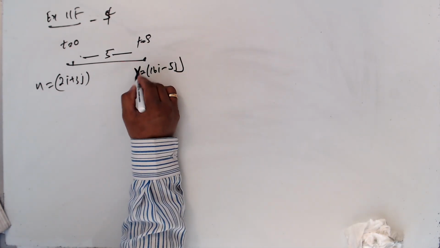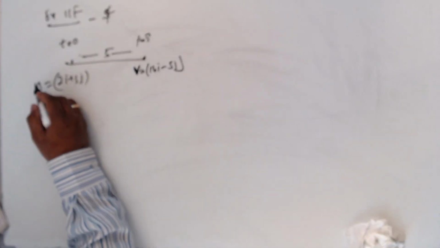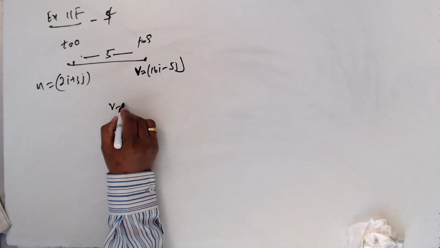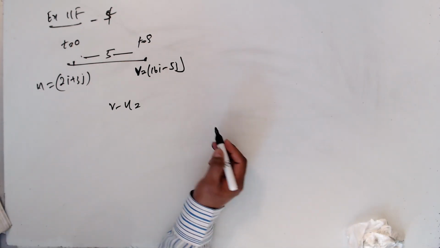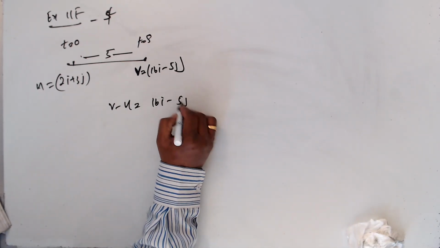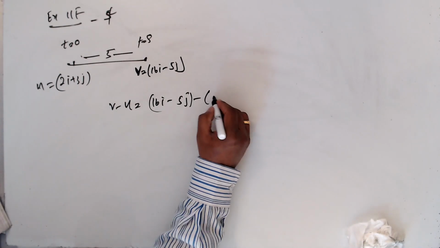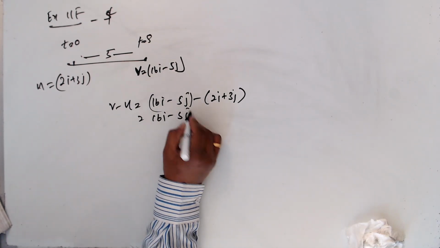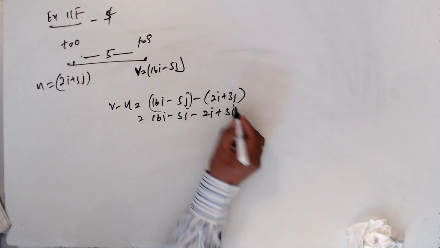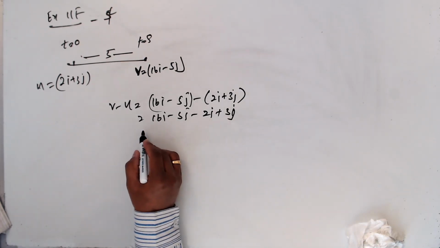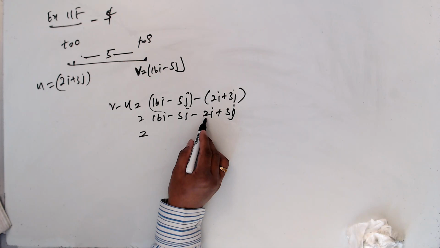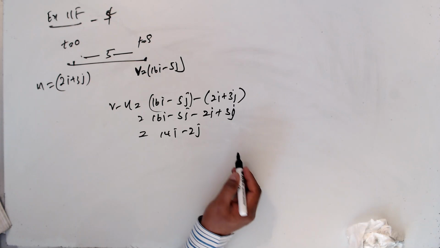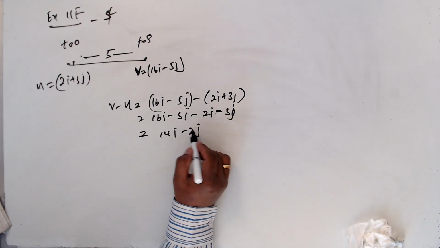Usually we refer to v as the last velocity, the starting velocity and end velocity. Can I subtract v minus u? Yes, because we learned that vectors we can add and subtract. So 16i minus 5j minus 2i plus 3j. This value is 16 minus 2, 14i minus 8j.